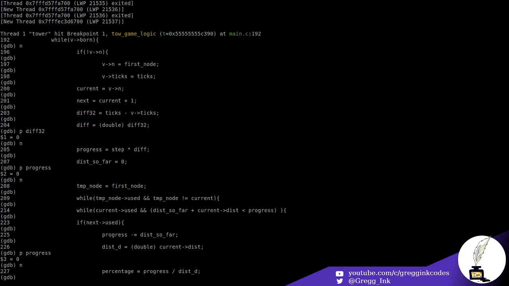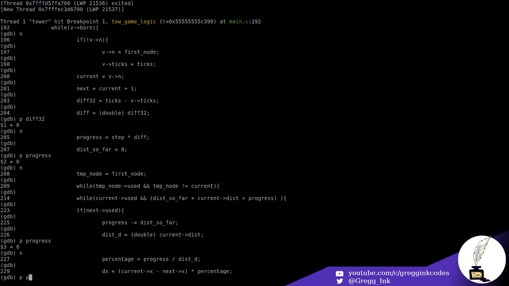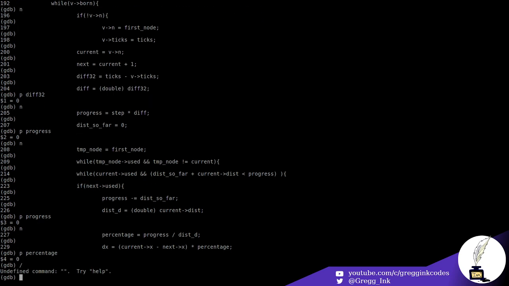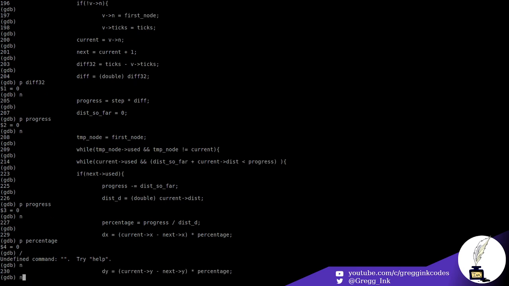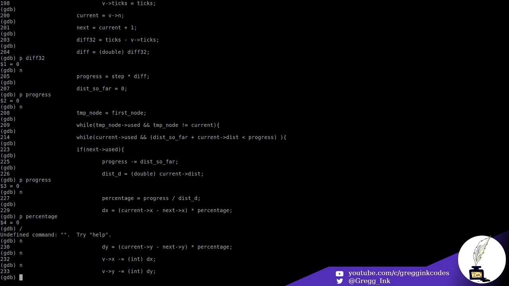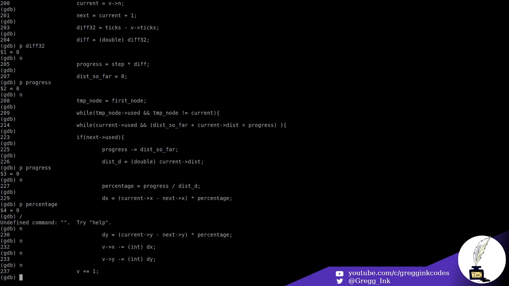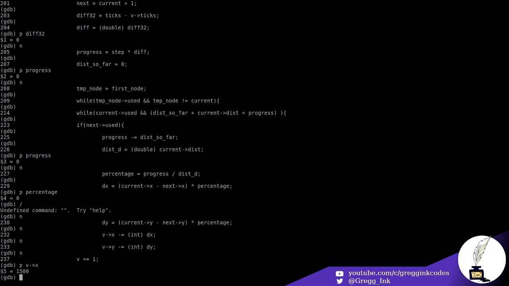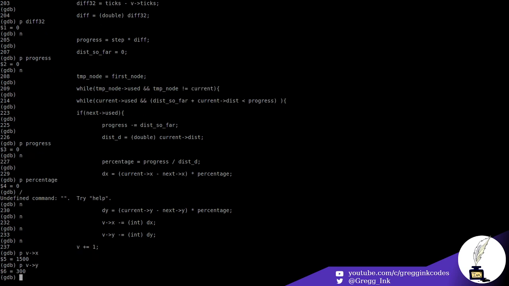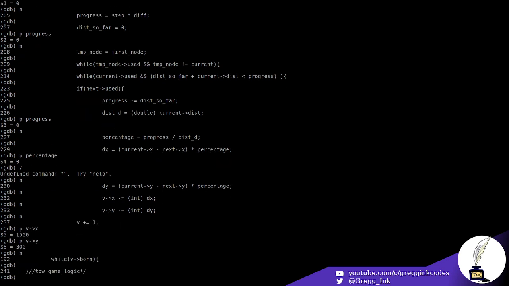Okay, that still makes sense. Percentage should be 0.2 then. Yeah. Oops, like this. Okay, PVX and PVY. So that's probably one of the nodes, isn't it? So okay, that makes total sense.